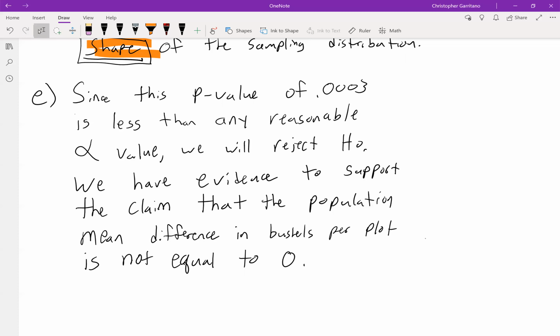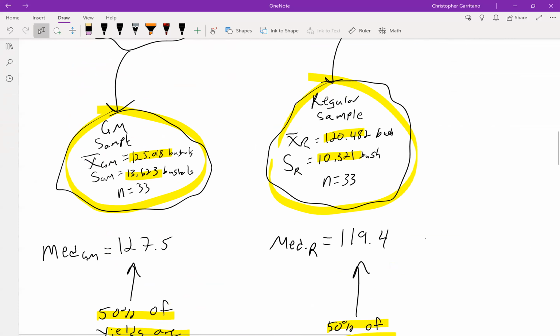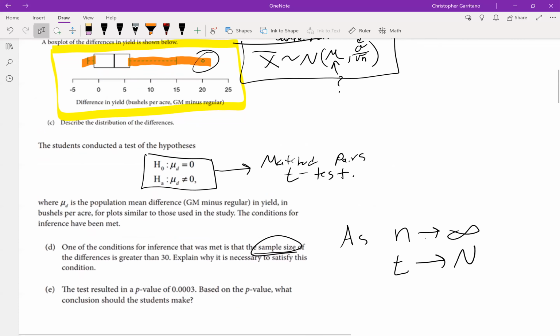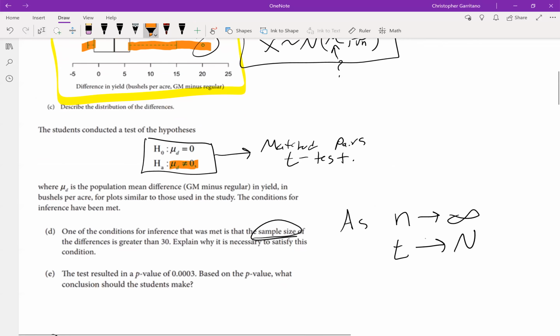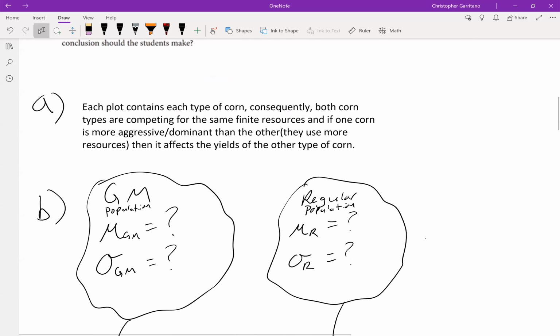And how do I know that that's the alternative hypothesis? Well, if I scroll up here, that's exactly what this symbol is saying. The mean difference in bushels per plot is not equal to 0. And we definitely do have evidence based on the p-value to support that claim.